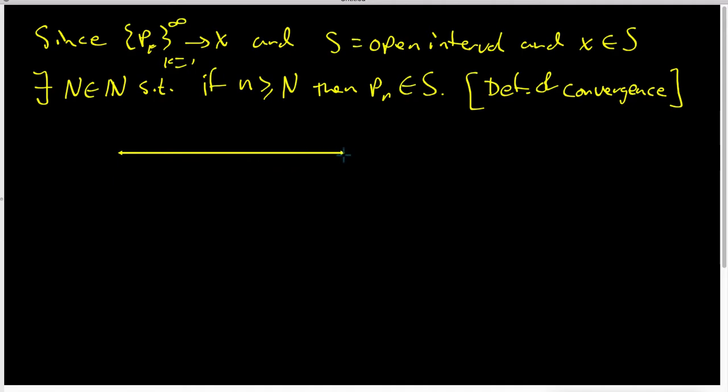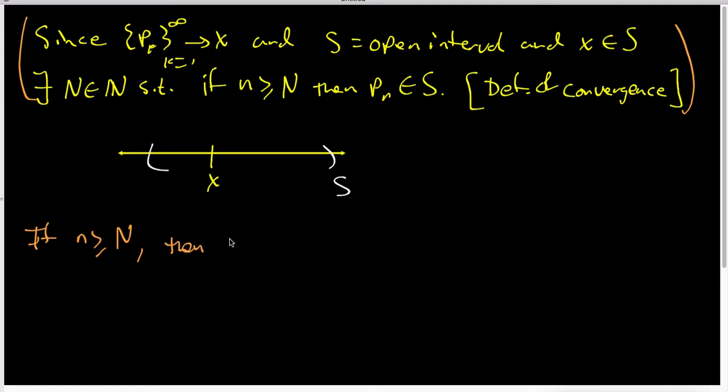So I want to think about what this means in terms of my number line. So here's my number line again. Here's X, and I want to put S on this number line. What this says is this: if n is bigger than or equal to capital N, then Pn has to be inside S. In other words, the whole tail is inside this open interval.